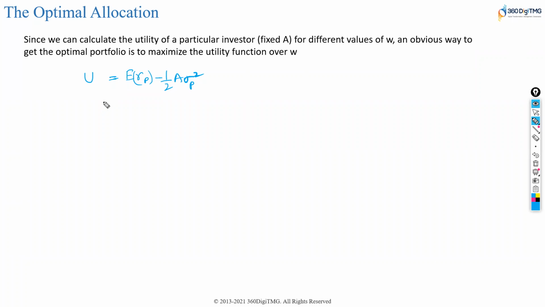And expected return is given as how much you want to invest in your risky asset plus how much you want to invest in your risk-free asset, and that is expected risk. And this sigma p square is given as W square sigma square.